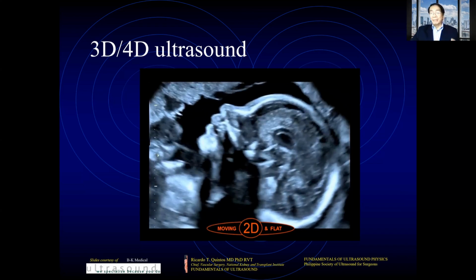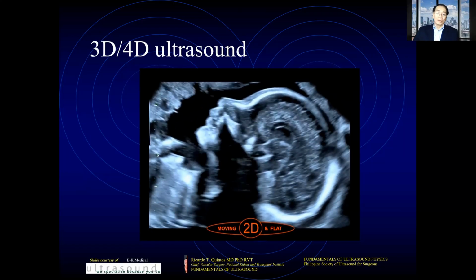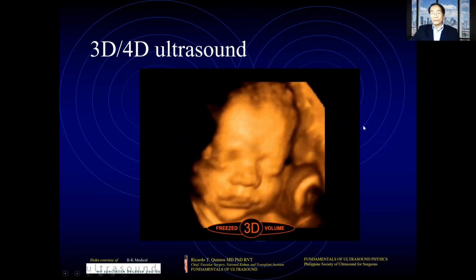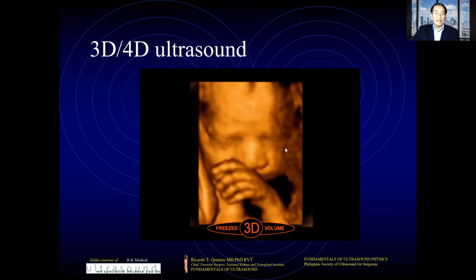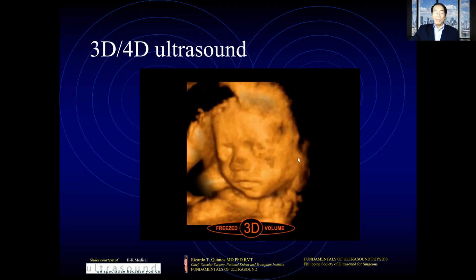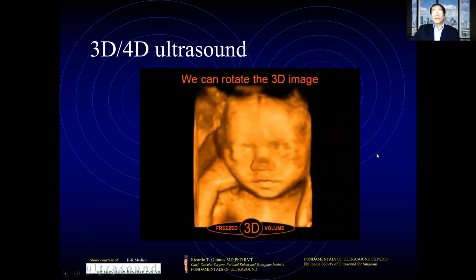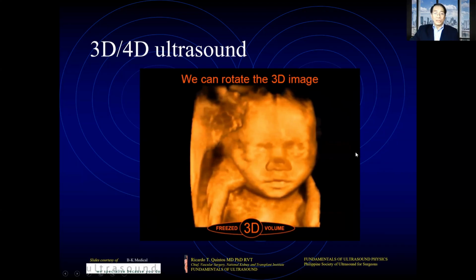If the 3D image is static, then that is just a 3D ultrasound. So here you have a 2D ultrasound, and now you have these 3D static images. But if you add movement to the 3D, then you will have a 4D ultrasound.